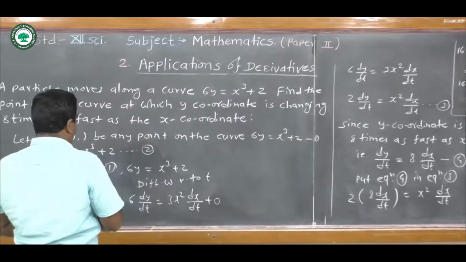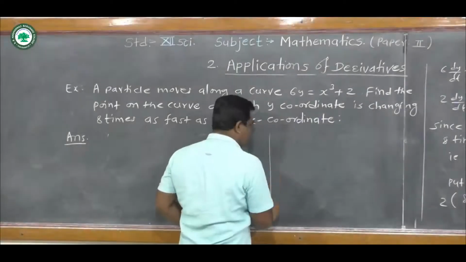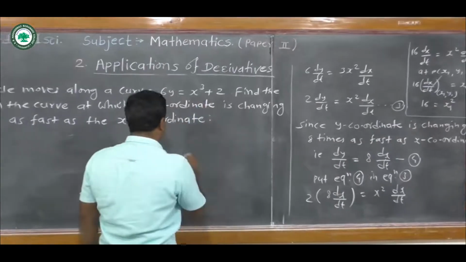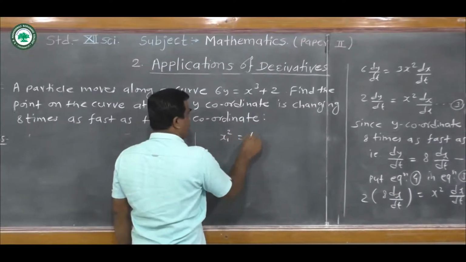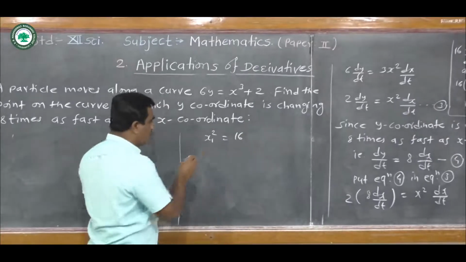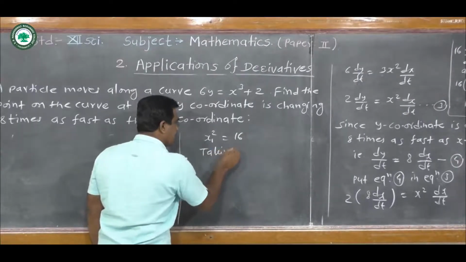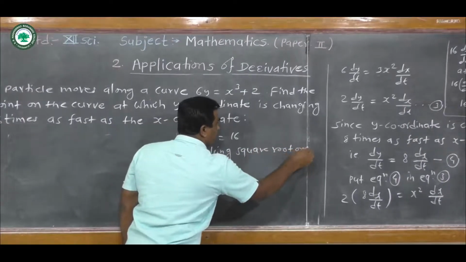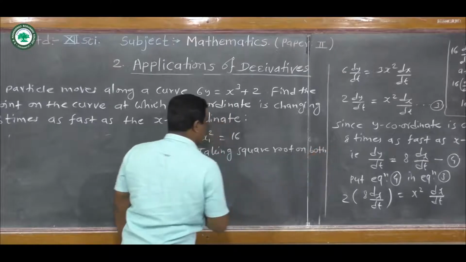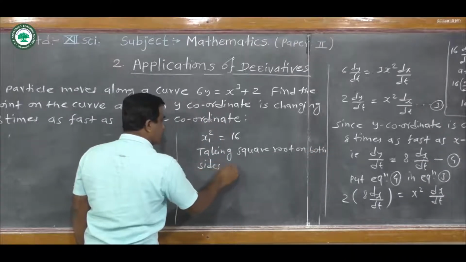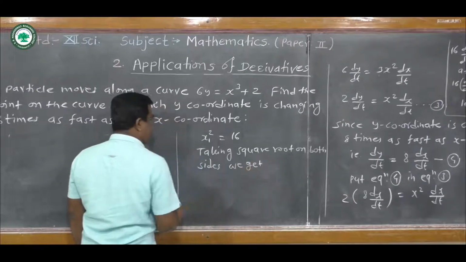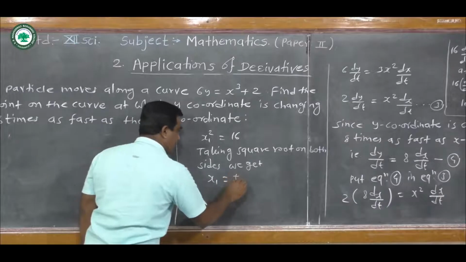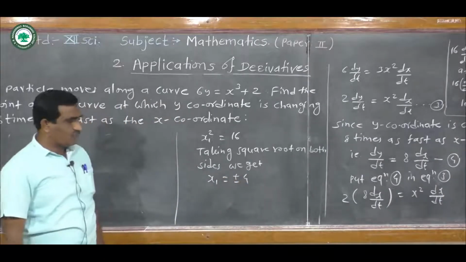Now we have to find the value of x here. That is, we can write 16 equal to x1 square, means x1 square is equal to 16. Now taking square root on both sides, we get x1 is equal to square root of 16, which is plus or minus 4.